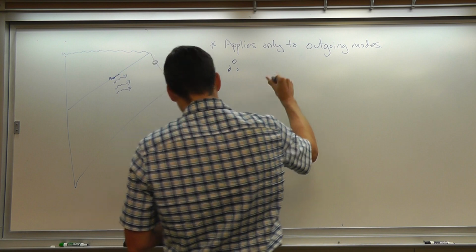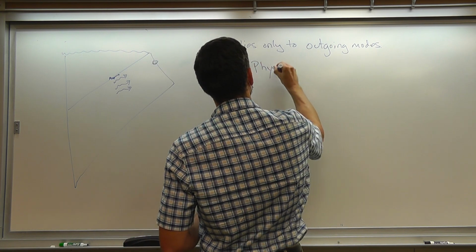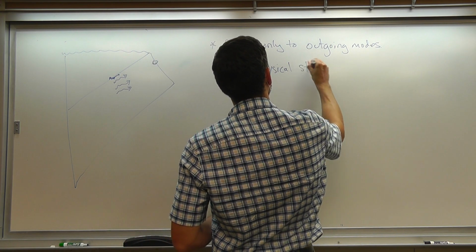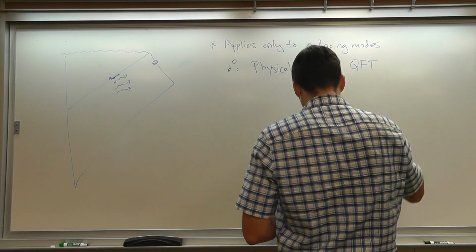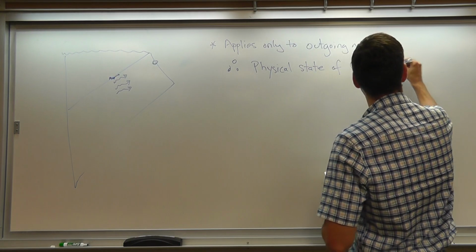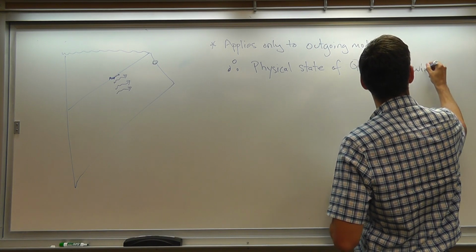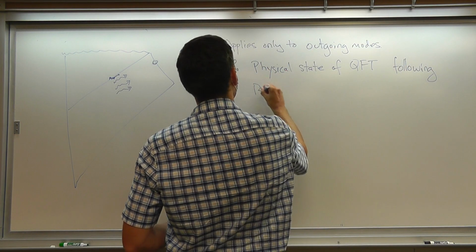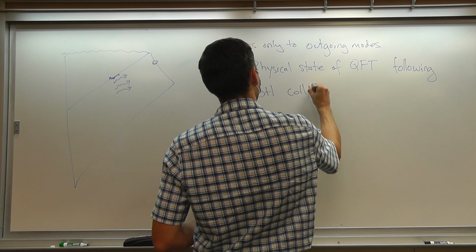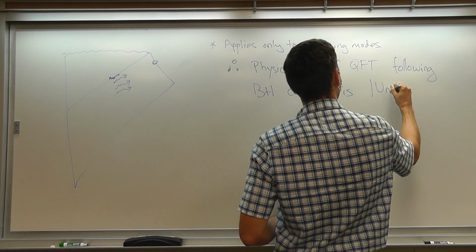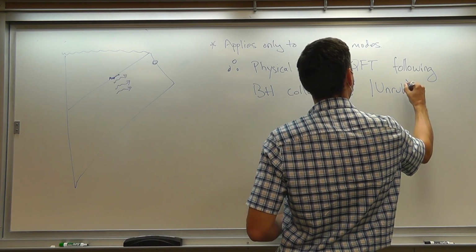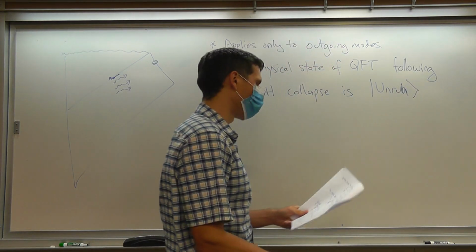Therefore, the physical state of the quantum field theory following black hole collapse is what I defined last time as the Unruh state.